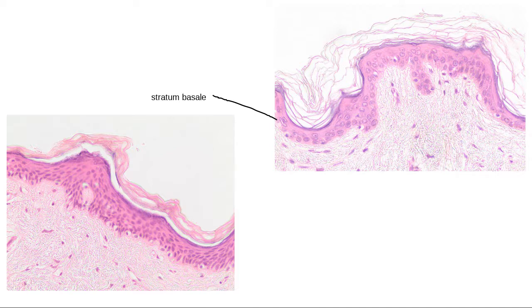And then up above it, we're going to have stratum spinosum, the spiny layer. And then we're going to have our dark colored layer. That's granulosum. And then on the outside, whether it's thin skin or thick skin, we always call that corneum.